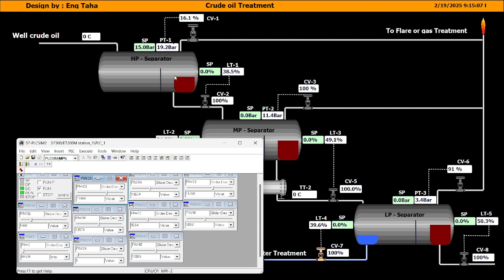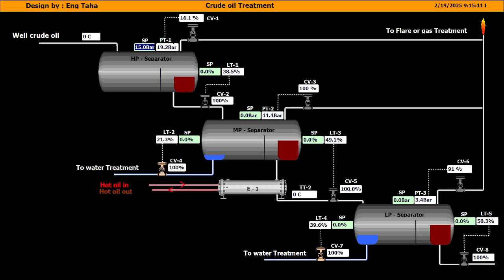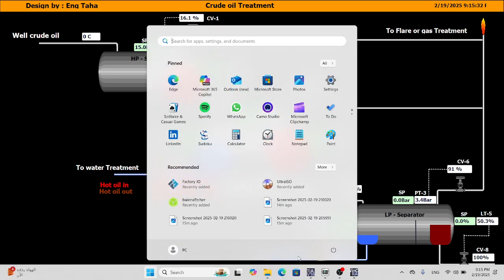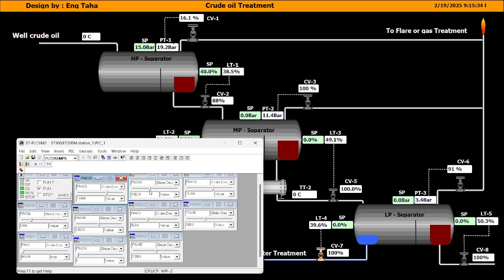And also I will control the level of the liquid in the separator. So I will set the set point, for example, 40, and look at the percentage of the control valve opening, 88. Let's increase the level by simulation.